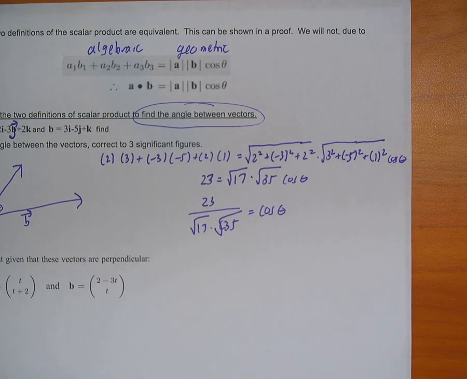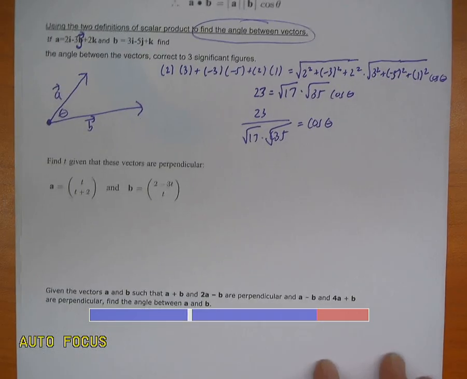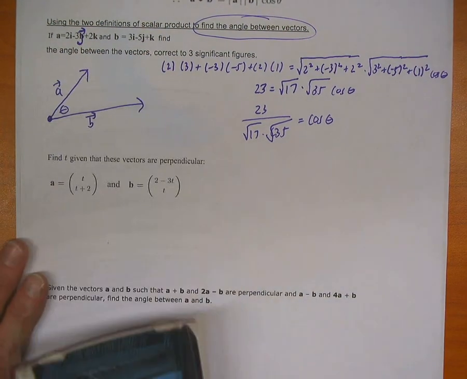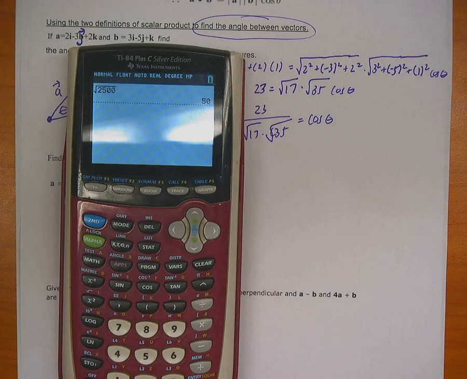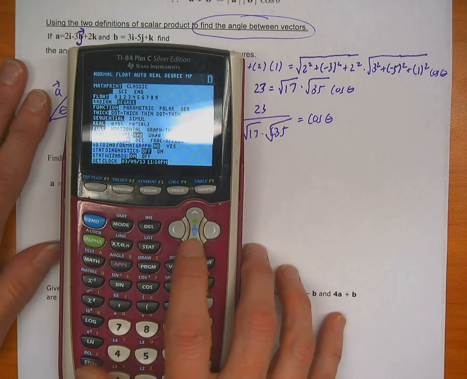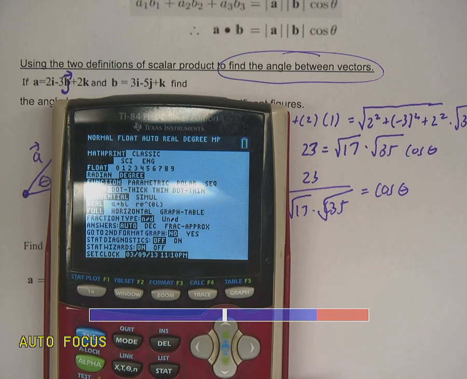And now we just do cosine inverse. Typically, when we give our answers for this, we give them in degrees. If it says radians, do radians, but otherwise, let's use degrees. I'm going to make sure my mode is in degrees. It is. I've been doing work with algebra 2 trig, so we usually use degrees in there.